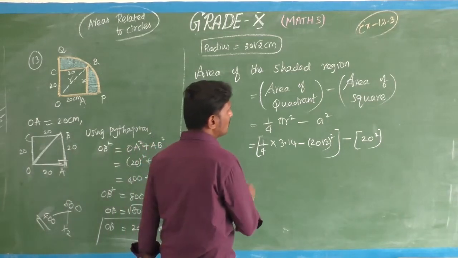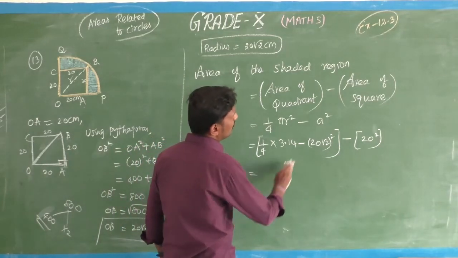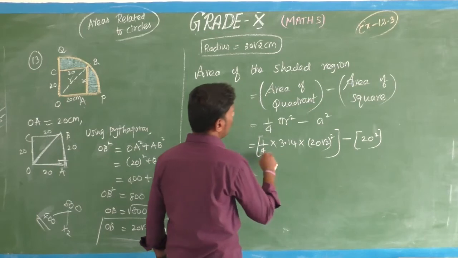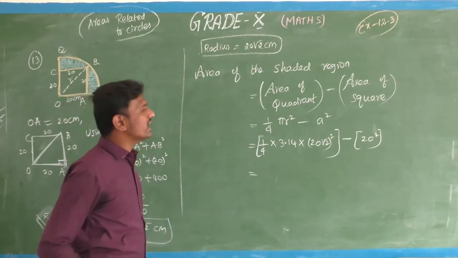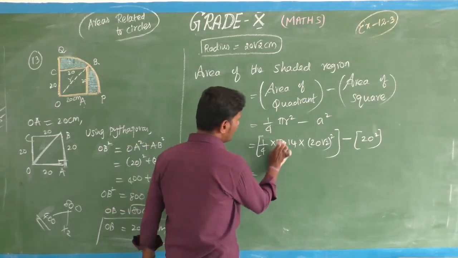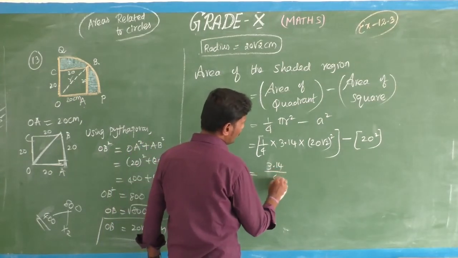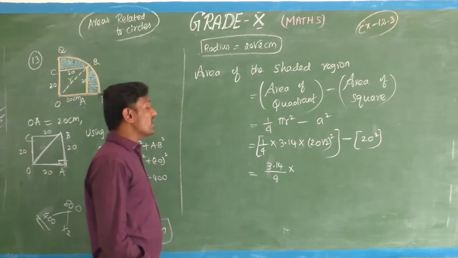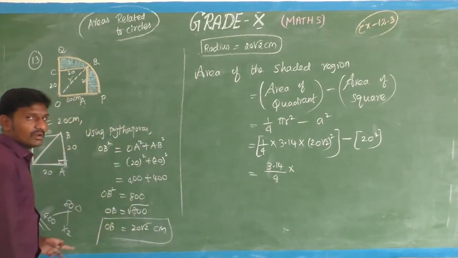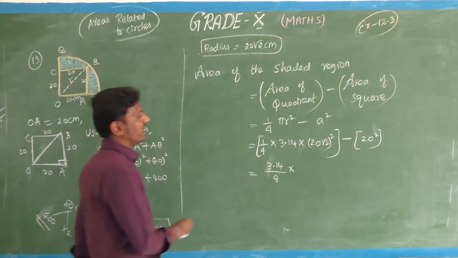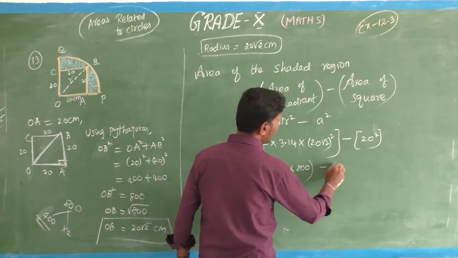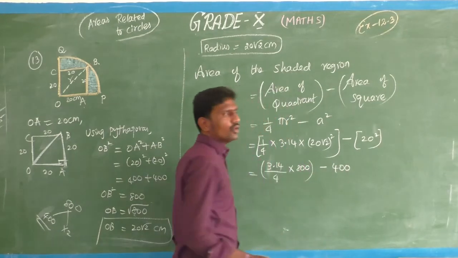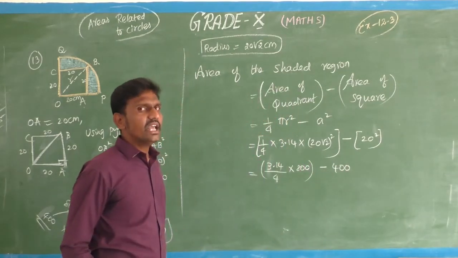Now students, listen carefully. You have 1 by 4 into 3.14 into 20 root 2 the whole square. So 3.14 by 4 into 800, minus 20 square which is 400, the area of that square.